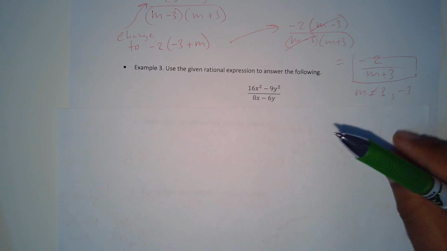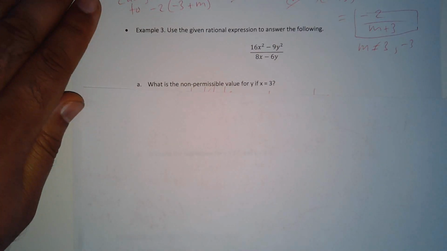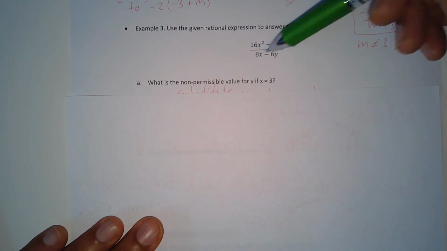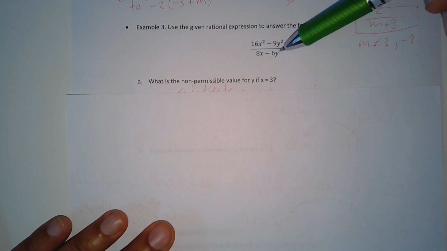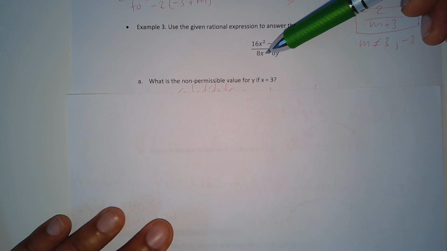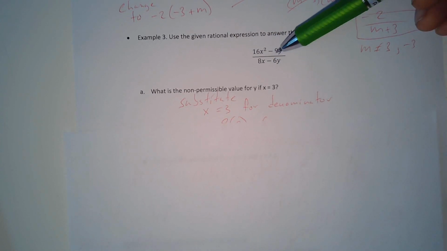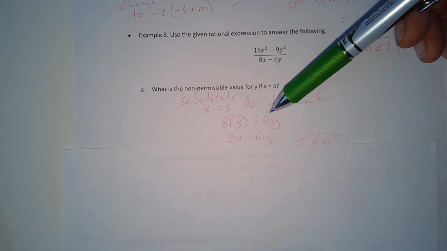Okay, here's another one. Now this one's a little bit different. What you notice is you've got two different variables, x and y, and it's asking what is a non-permissible value for y if x equals 3. So what you do is substitute x equals 3 into the denominator, and that gives you 8 times 3 minus 6y, or 24 minus 6y.